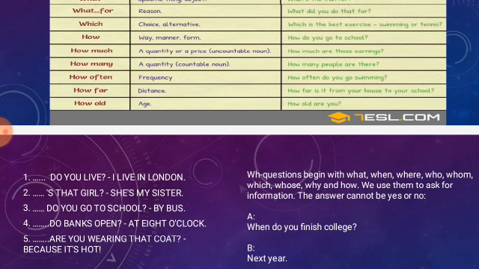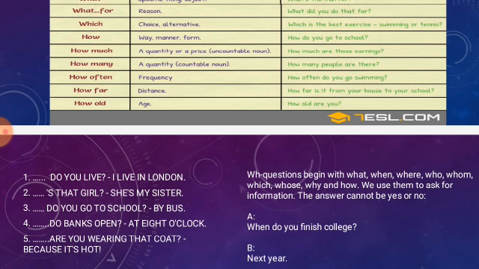So who refers to a subject, what refers to an object, whom refers to an indirect object, which is used when you are selecting something, whose refers to possession. So these are the different ways in which you can use WH words.